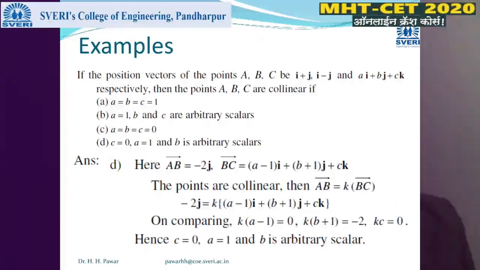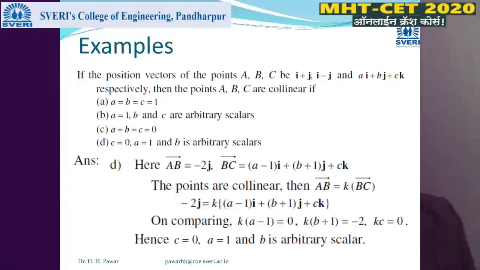As these points are collinear, it satisfies the condition AB bar is equal to k into BC bar, which gives us minus 2j is equal to k into a minus 1 i plus b plus 1 j plus ck.